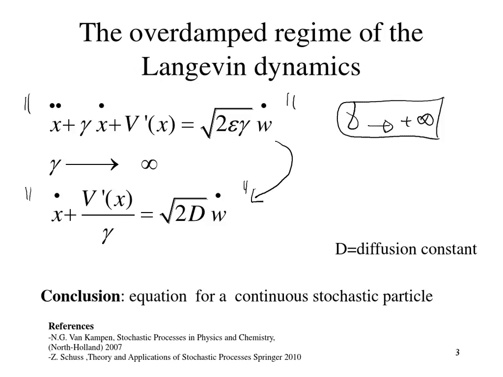Thus, this is usually the model for the description of a stochastic particle in the regime of large gamma.